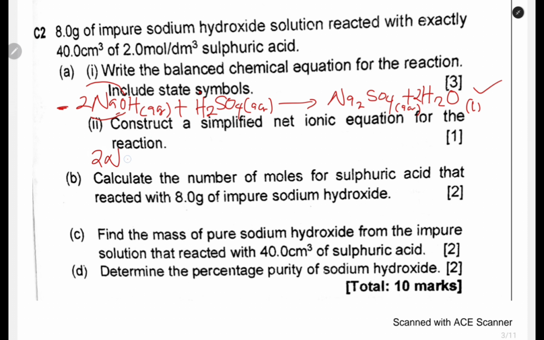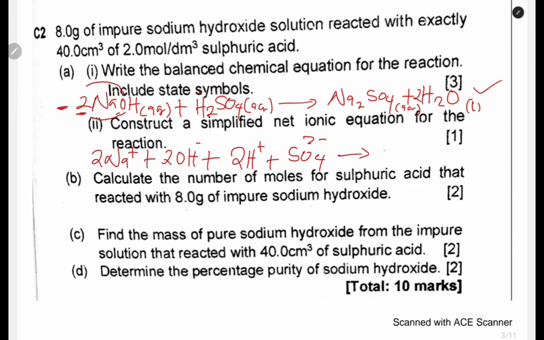It will be 2 sodium ion plus 2 hydroxide ion. Now, this is where most of you struggle to split as well. This 2 in front multiplies everything. So the ions of sodium hydroxide are sodium ion and hydroxide ion. Then the acid, when it's split, it is 2 hydrogen ion and not hydrogen 2 like that. No. Then plus sulfate ion.